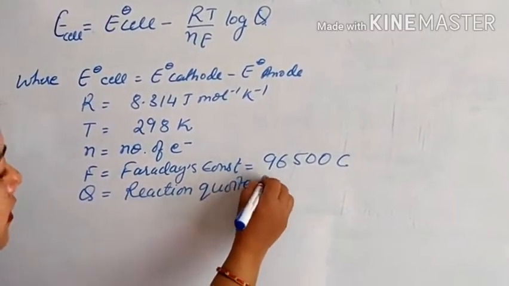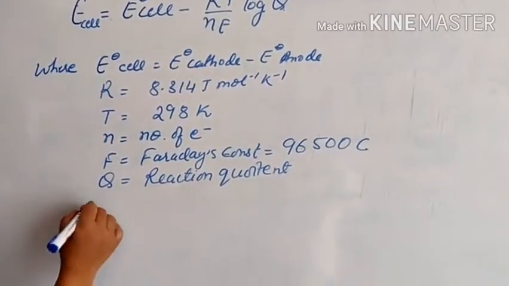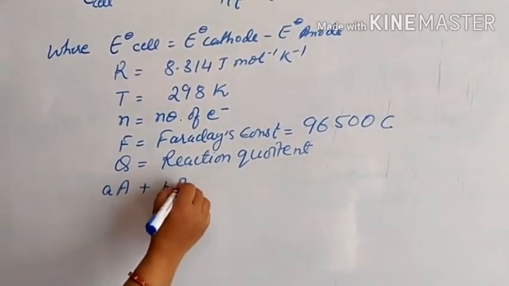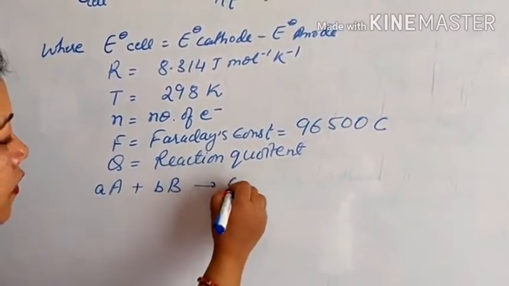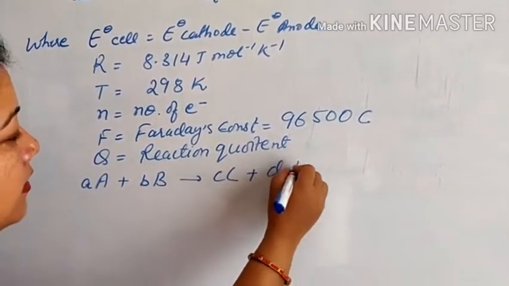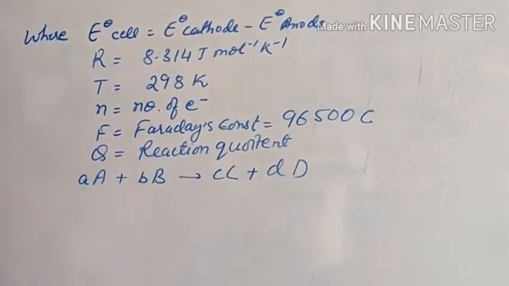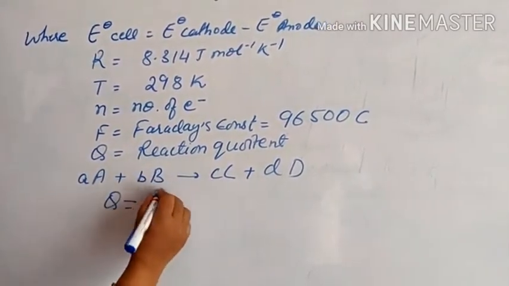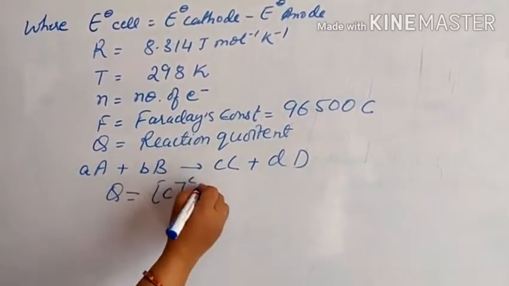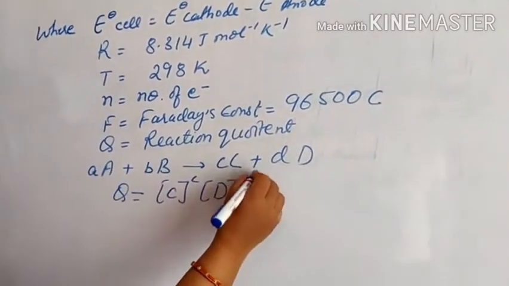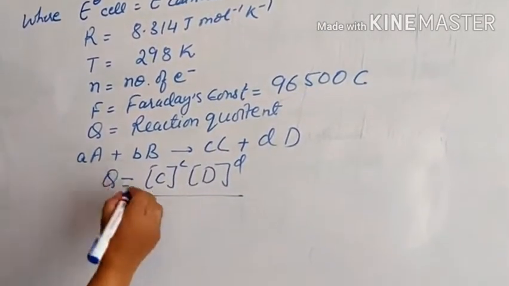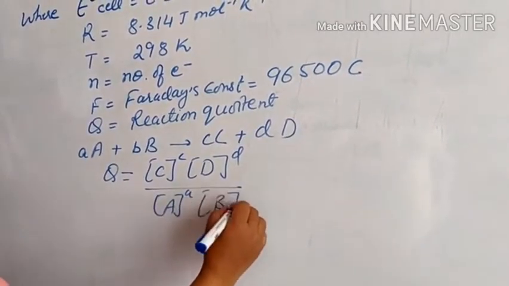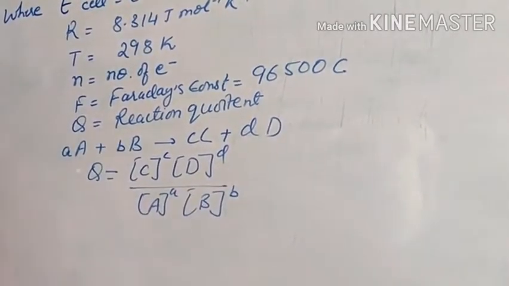And for a general equation like a moles of A reacts with b moles of B to give c moles of C plus d moles of D, Q can be written as the concentration of products raised to the power of their coefficients upon reactants, A raised to the power a and B raised to the power b.